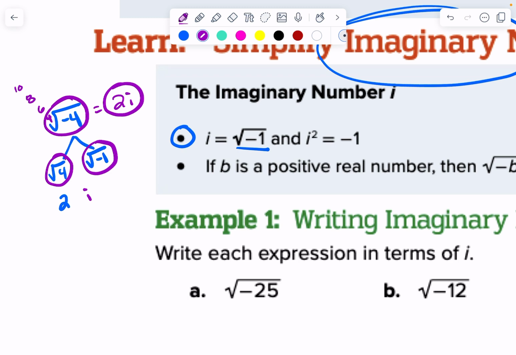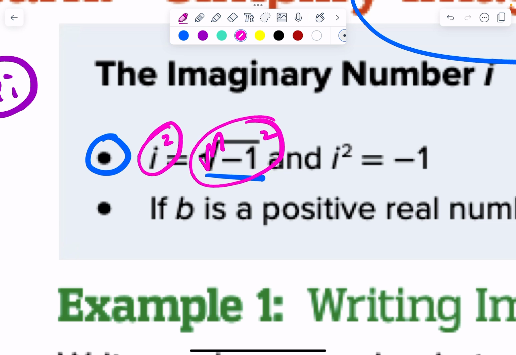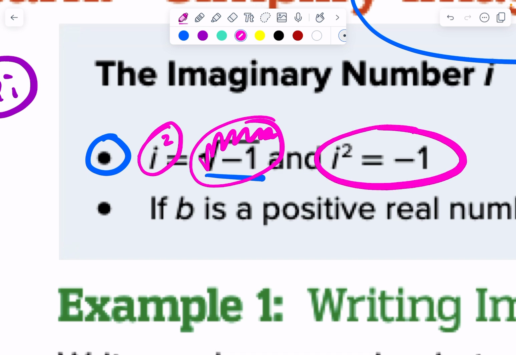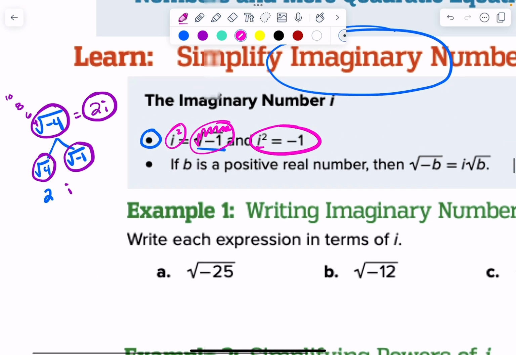Okay, let's hone in on this bullet point right here. If i is equal to the square root of -1, and let's say I square both sides, now I have i squared is equal to this junk, and a square root and a square cancel each other off. So that means i squared is equal to just -1. So if I have higher powers of i, I know that i squared is -1.